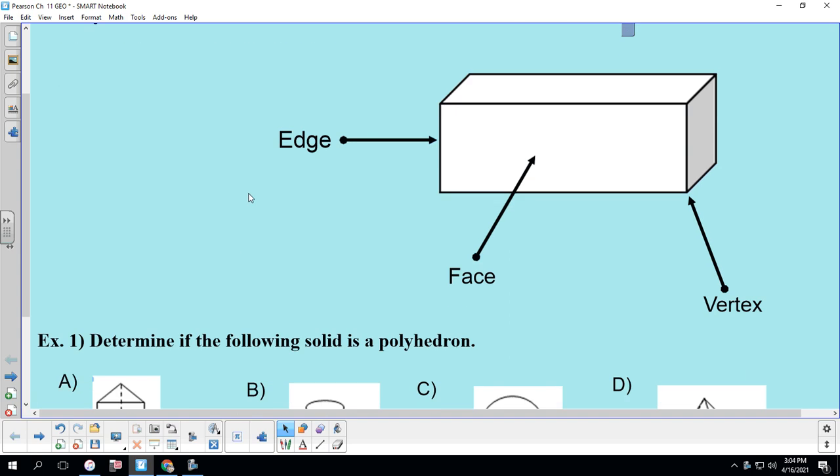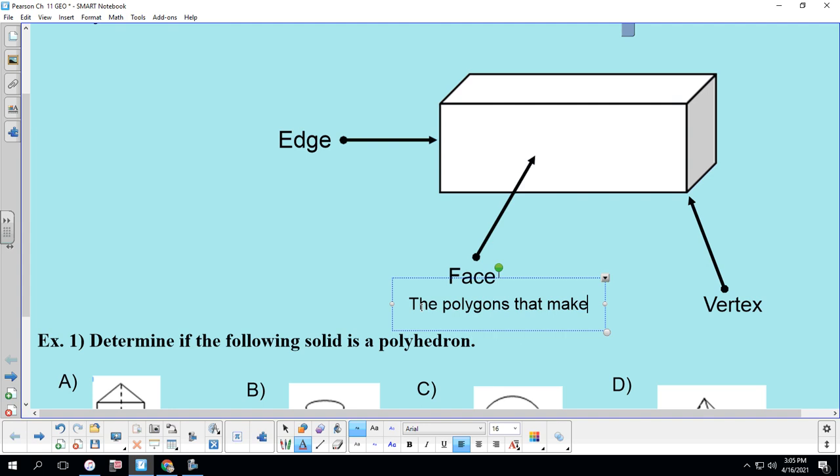A face is the polygons that make the polyhedron.